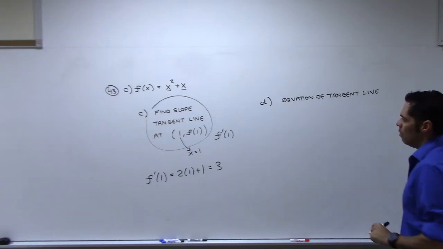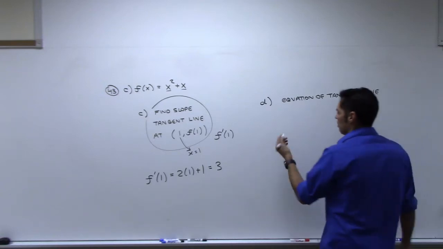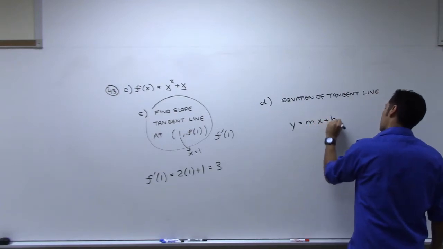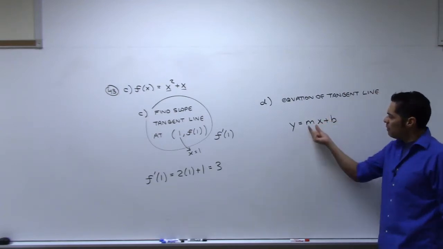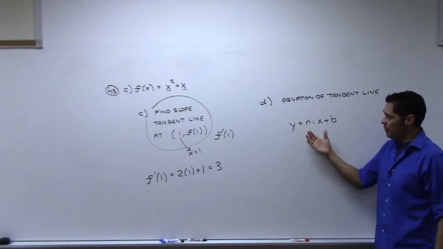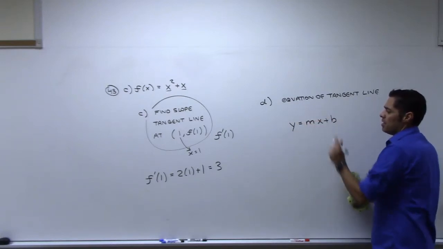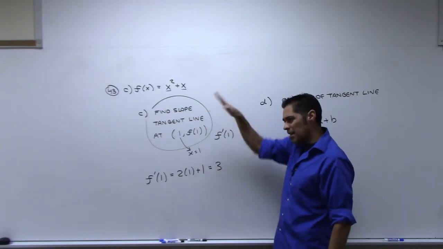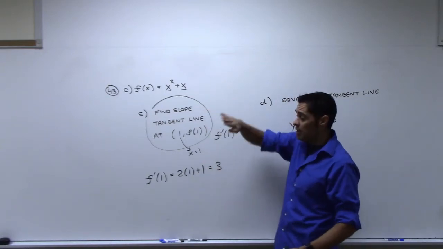Okay. Well, what's the difference? Well, look, this is the standard form of a line, mx plus b. The slope of this line is m. But the equation of the line is the whole thing. So what we did in part C is we found just the slope of that tangent line. We never found the equation of the tangent line.